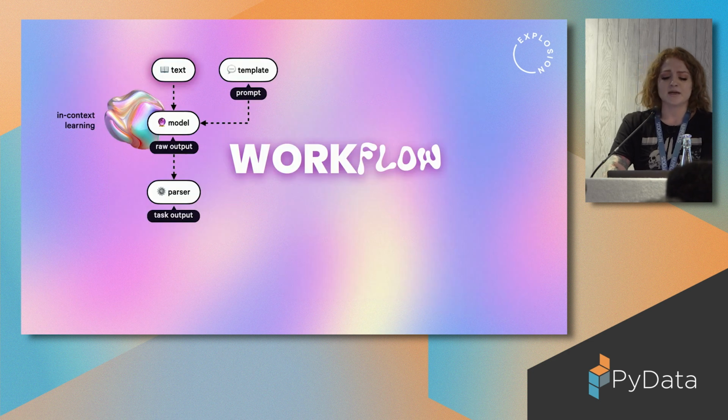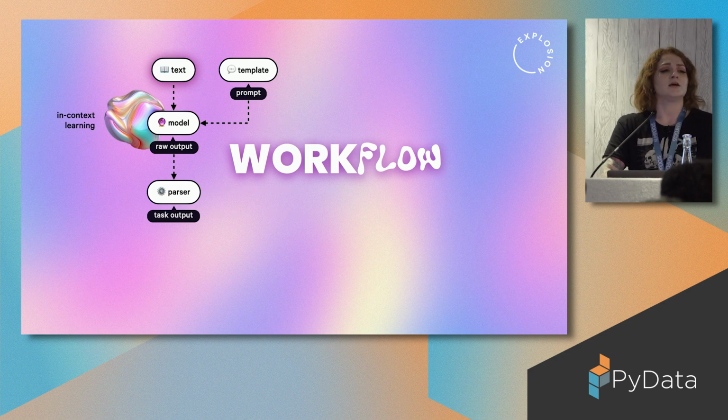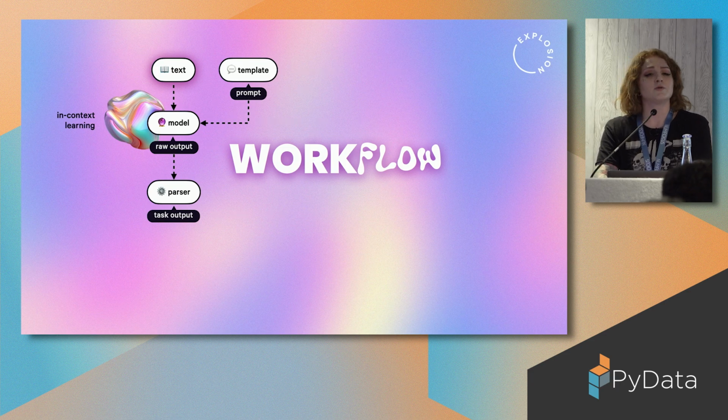So if we're looking at a workflow for how we can take a large generative model and make it do a very specific thing, the workflow could look something like this. So we have a text, of course, and then we have a prompt template that produces the prompt together with the text for the specific task we're interested in.